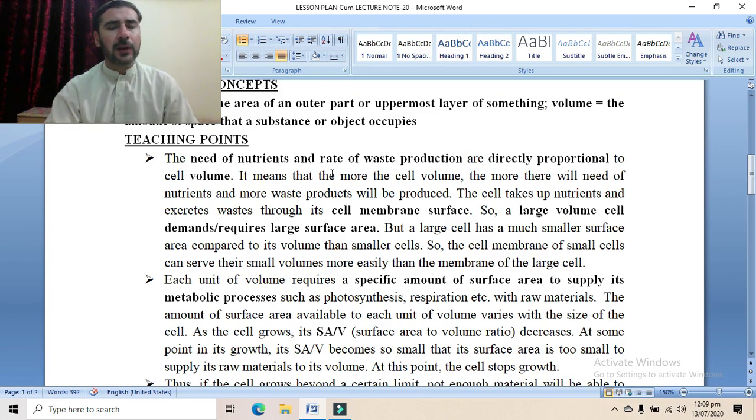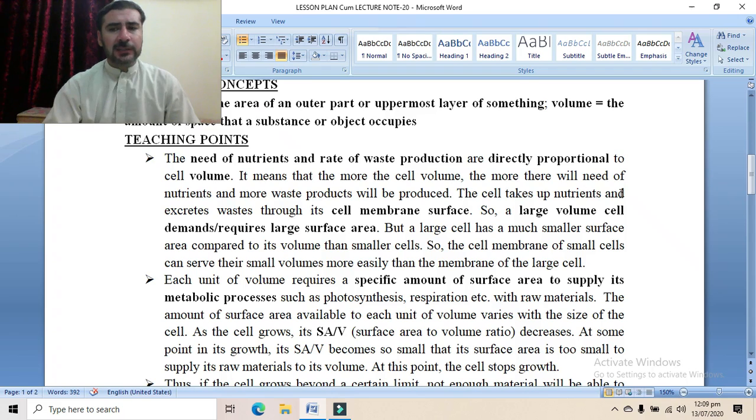Similarly, the rate of waste production will also be more. So the need of nutrients as well as the waste production is directly proportional to the cell volume. Cells that have more volume will require more nutrients, and there will be more waste production.